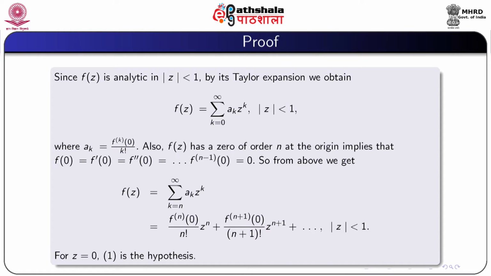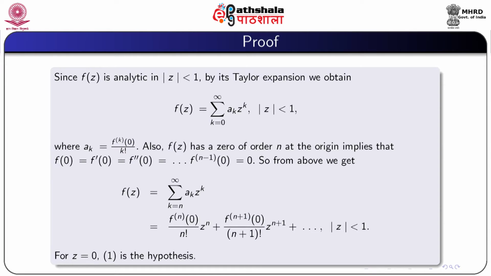So, proof: since f(z) is analytic in mod z less than 1, by its Taylor's expansion we obtain f(z) equal to summation k equal to 0 to infinity a_k z to the power k for mod z less than 1, where a_k equal to the kth derivative of f at 0 by factorial k. Also, f(z) has a zero of order n at the origin, which implies that f(0) equal to f'(0) equal to f''(0) equal to the (n minus 1)th derivative at 0 equal to 0.